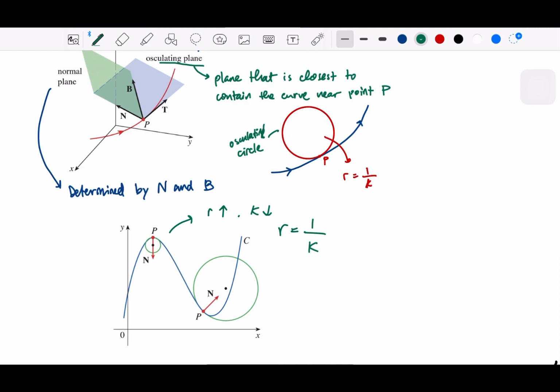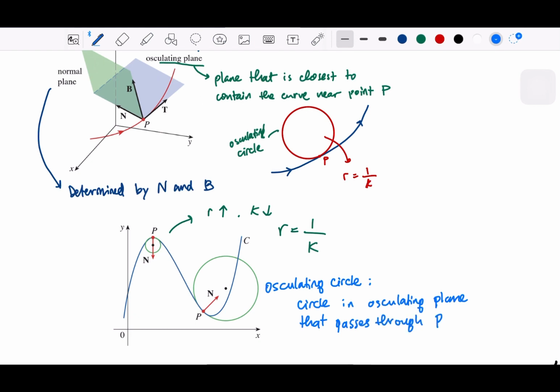This is what we call the osculating circle. Circle in osculating plane that passes through P. I said P is the point that we move along the curve, with radius equal to 1 over curvature.